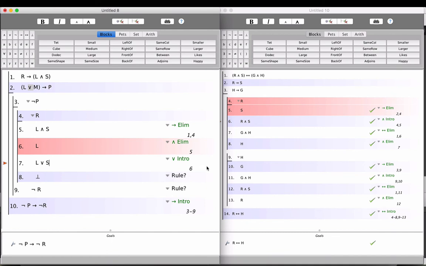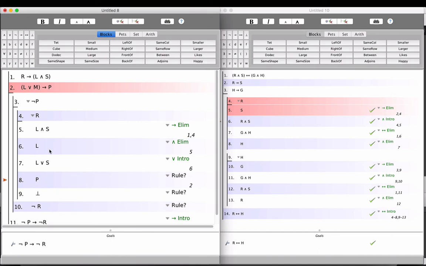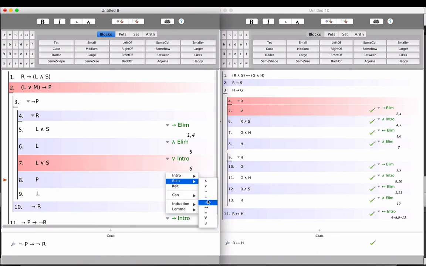Why do we want the antecedent? Well, we want the antecedent because by eliminating the conditional, by pulling down the consequent, we have got everything we need for our contradiction. So lines 2, 7, conditional elimination yields 8.